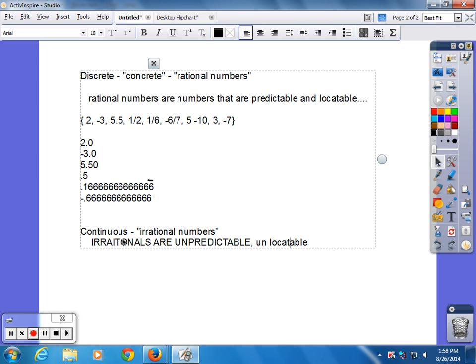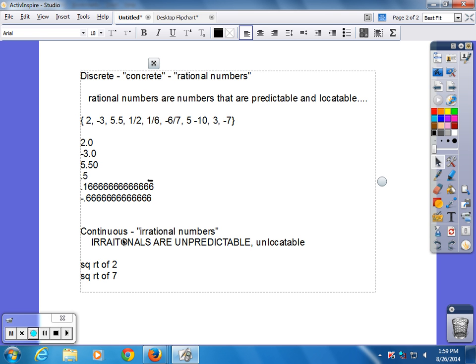What else? Well, I don't want to put that because that'll give away my thunder. All right, I'm going to just write 3. The square root of 2. Do it on your calculator. The square root of 7. Do it on your calculator.